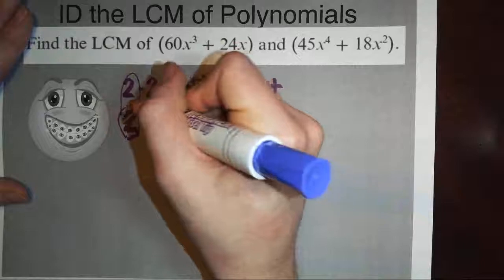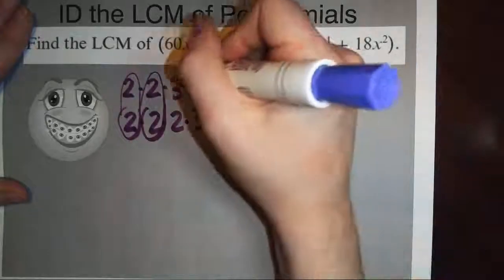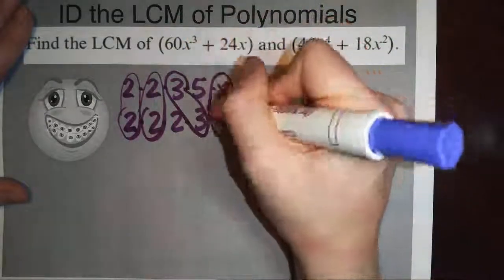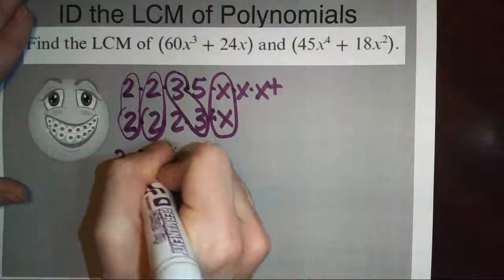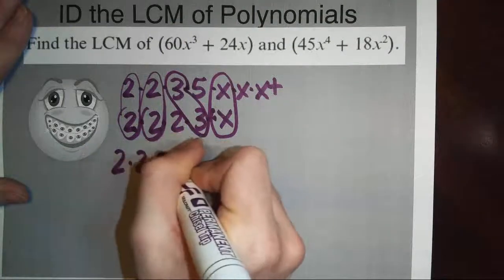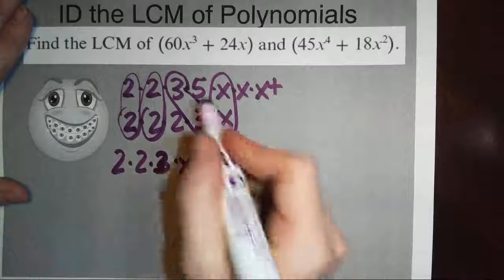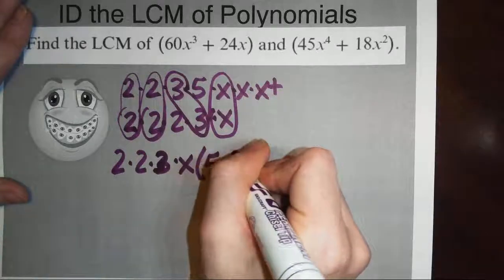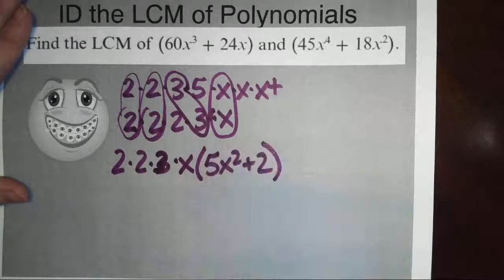They have a 2 and a 2 and a 3 and an x in common. So that would be 2 times 3 times x, and then in parentheses, 5x squared plus 2.